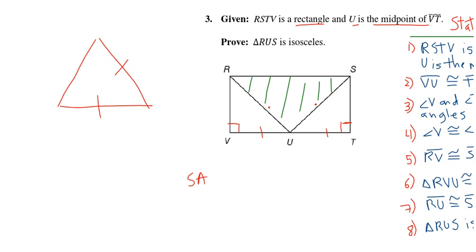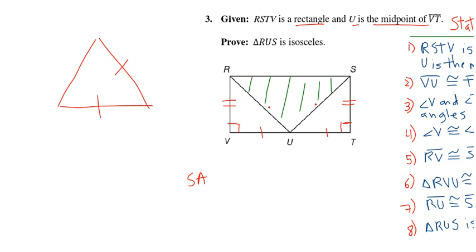And also, in a rectangle, opposite sides would be congruent because a rectangle is a parallelogram, and in a parallelogram, opposite sides are congruent. So RB and ST would be congruent.